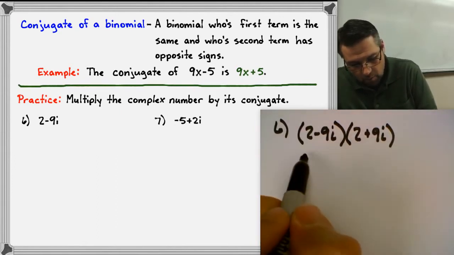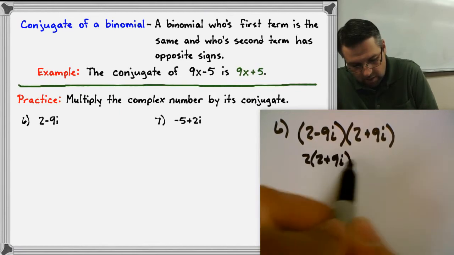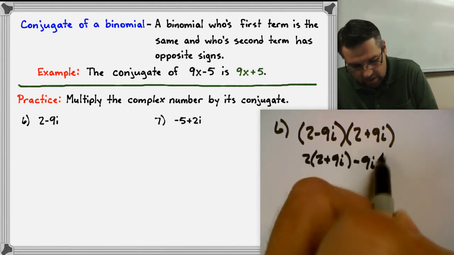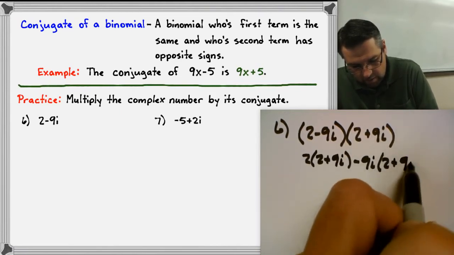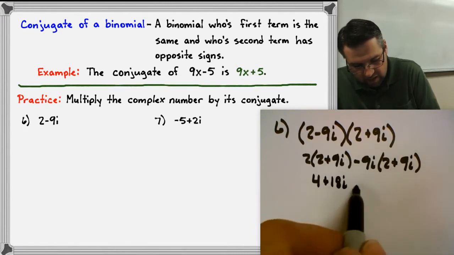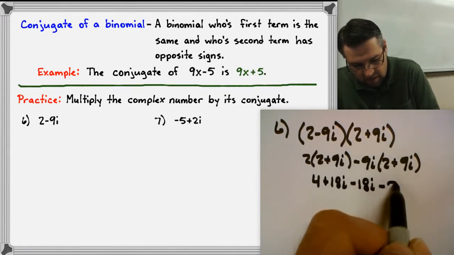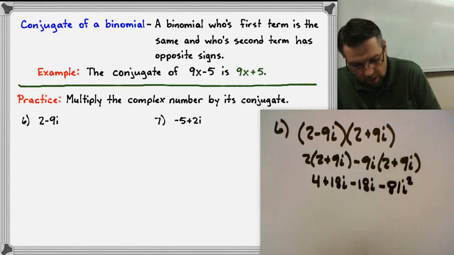All right, for this problem, we got 2 times 2 plus 9i, we're expanding, minus 9i times 2 plus 9i. And then we distribute, so 2 times 2 is 4, 2 times 9i is 18i. And then negative 9i times 2 is negative 18i, and negative 9i times 9i is negative 81i squared.